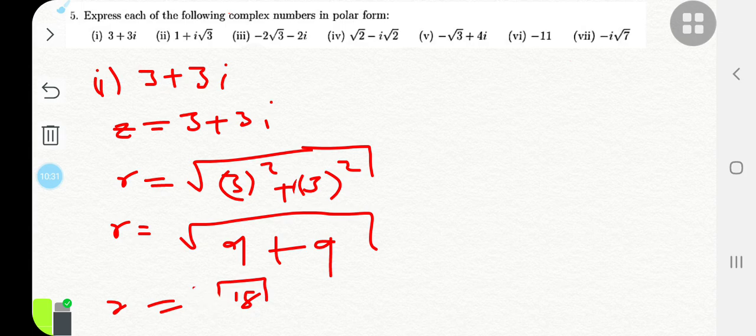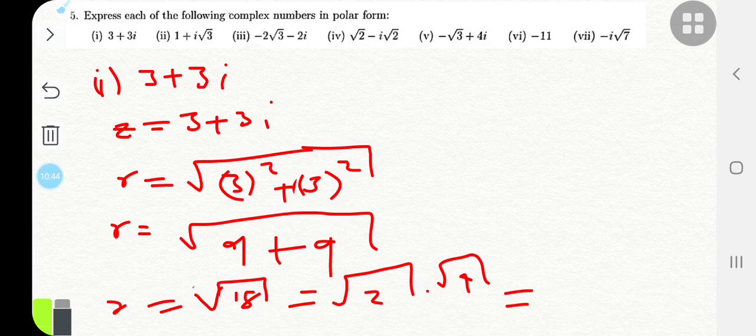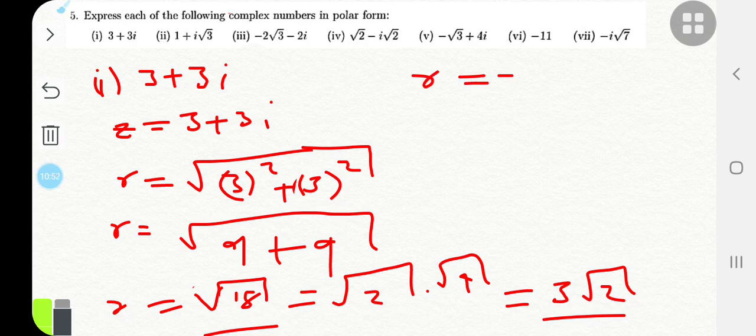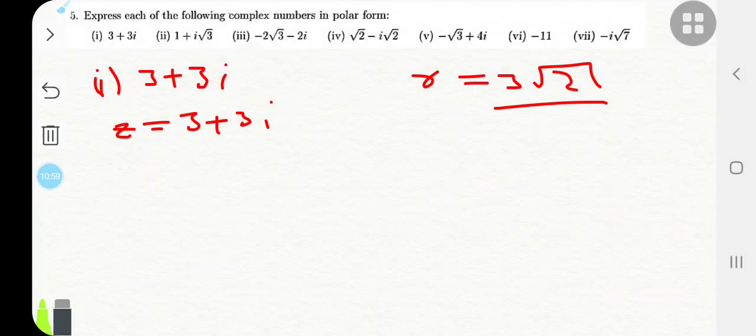Well, we don't have a square root of 18, but we know this can also be expressed as 2 times 9. And we know the root of 9 is 3, so this will be 3 and the root of 2. So our modulus is just equal to 3 root 2. So we keep that.